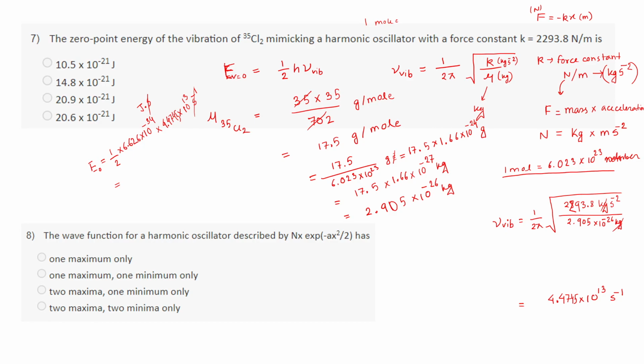Now I got the answer. That is 14.8 into 10 to the power minus 21. Okay, so this you will get as your answer.